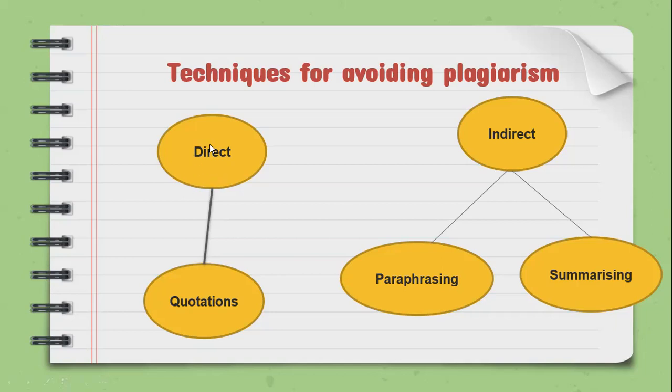Take Newton's third law: each action has an opposite reaction. That's a law, so we can't summarize or paraphrase it. In that case, you can use quotations to avoid plagiarism.